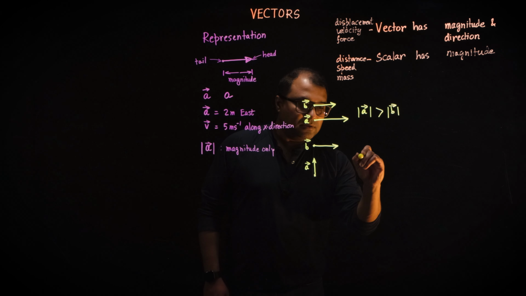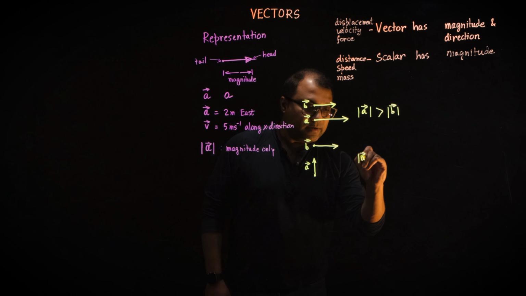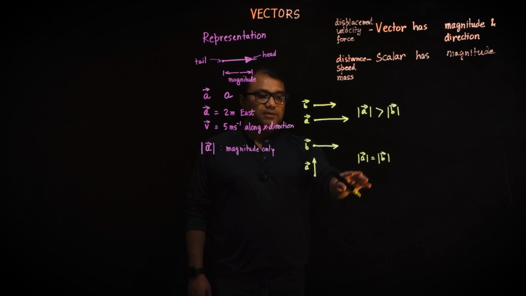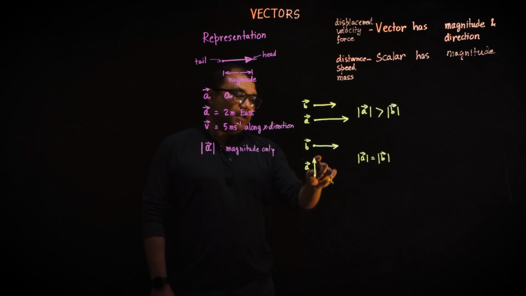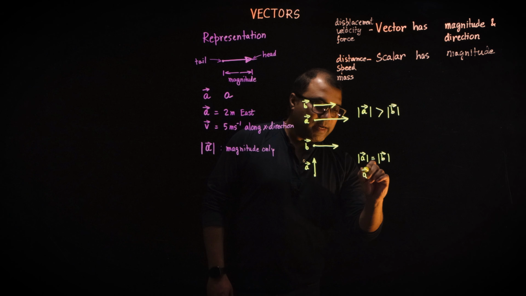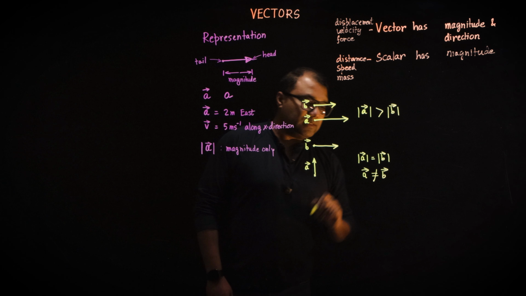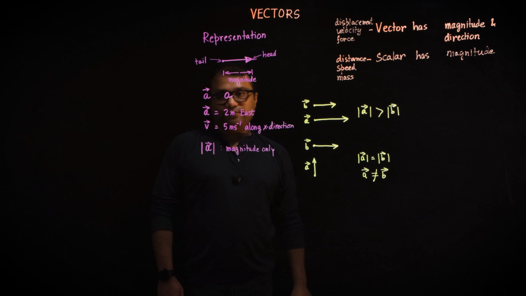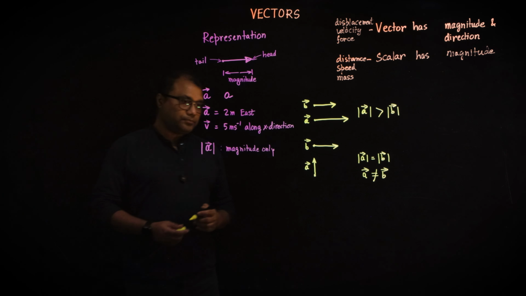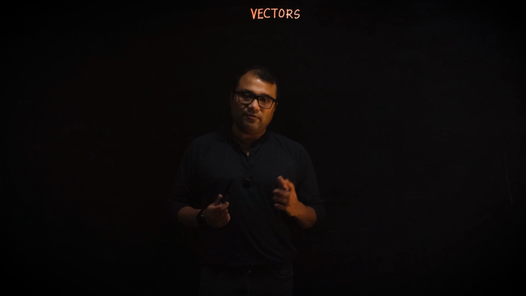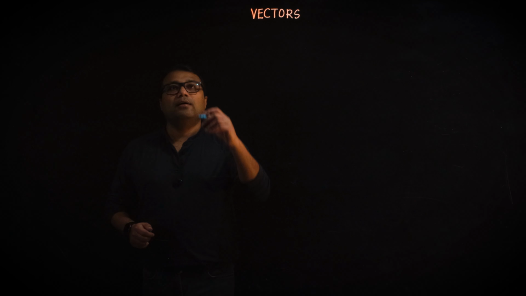We can write that vector A's modulus is equal to vector B's modulus, which means the magnitudes are the same, but we cannot write vector A is equal to vector B. This is incorrect because their directions are different.